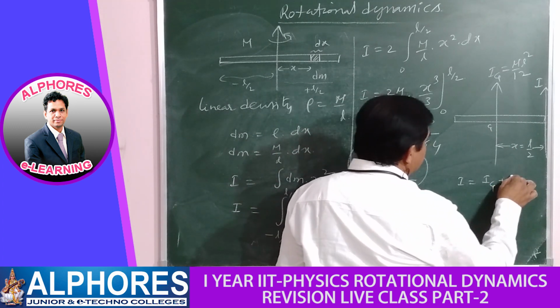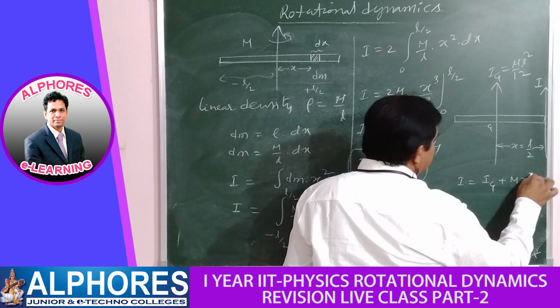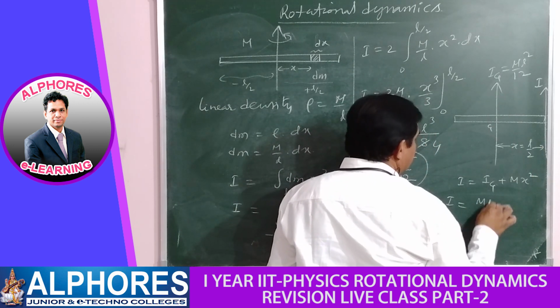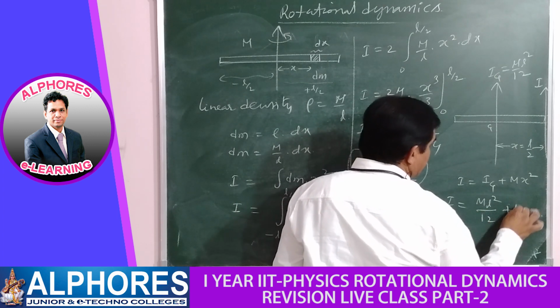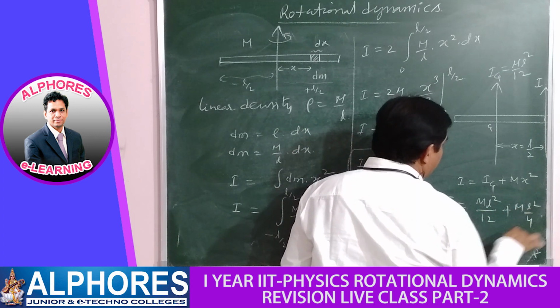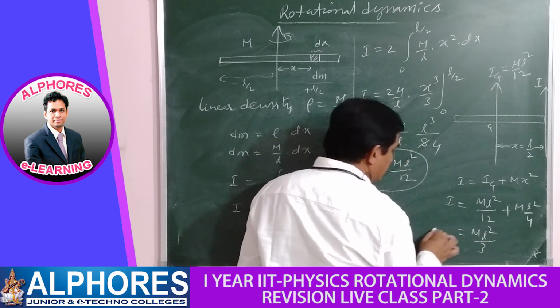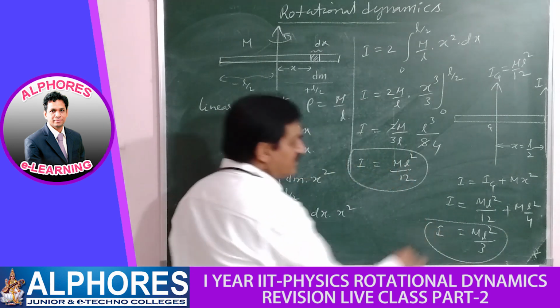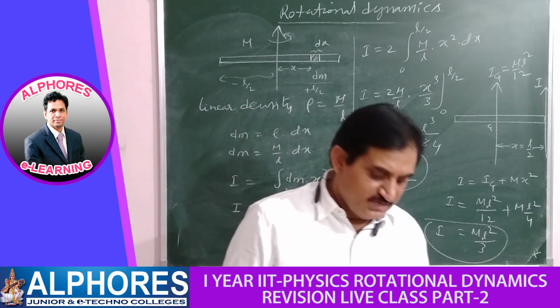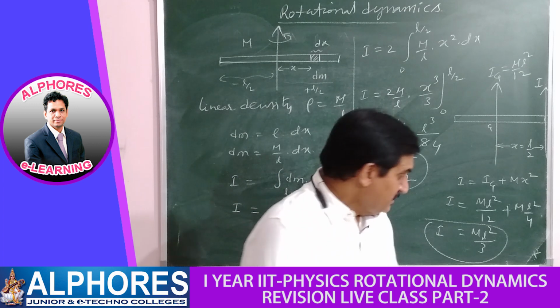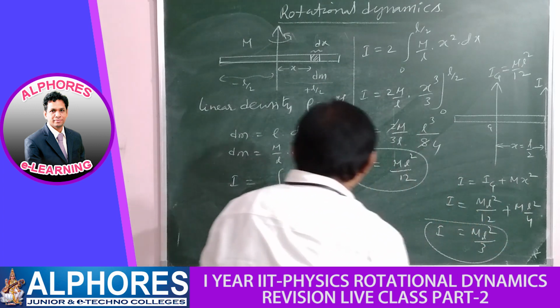Here, Ig plus m x square, I is equal to Ig, mL square by 12 plus mL square by 4. By simplifying this, mL square by 3. This is the moment of inertia of the same rod about an axis passing through one end. Okay? Next, let us move to another problem.